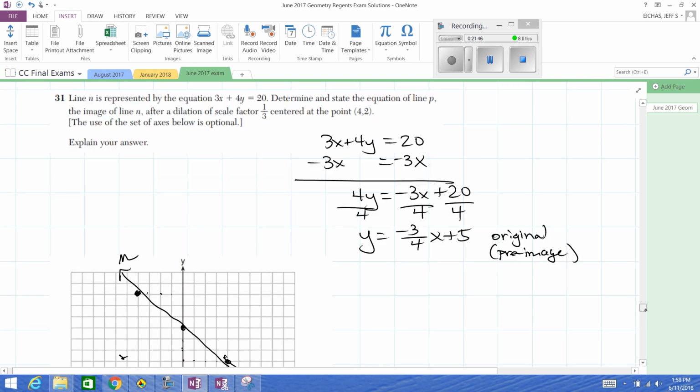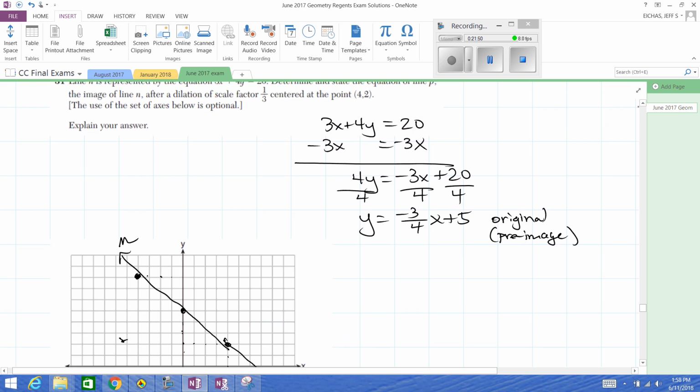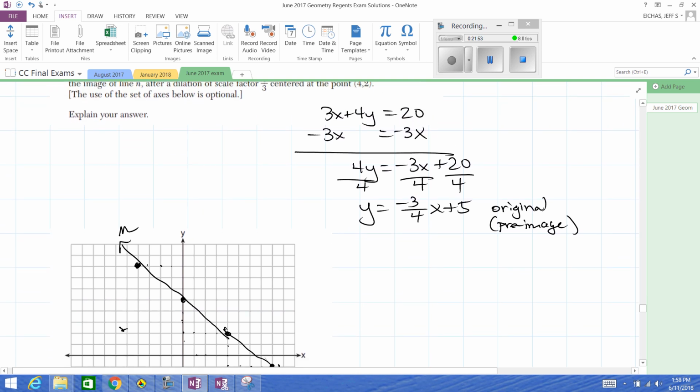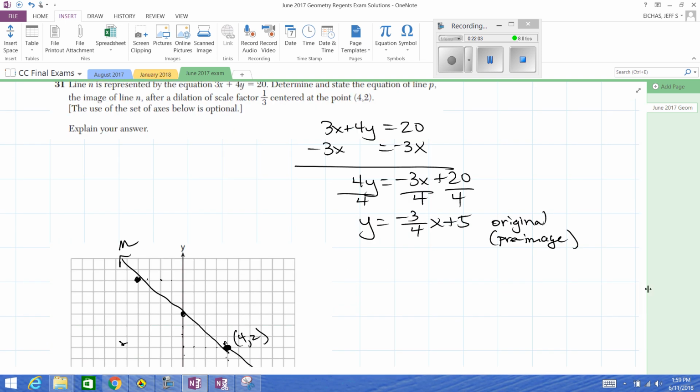Now, the point we're going to dilate through is centered at 4, 2. That makes it interesting. The center of dilation is on the line. So here's what I would say.